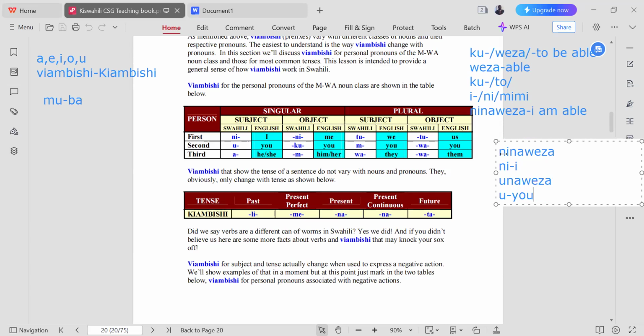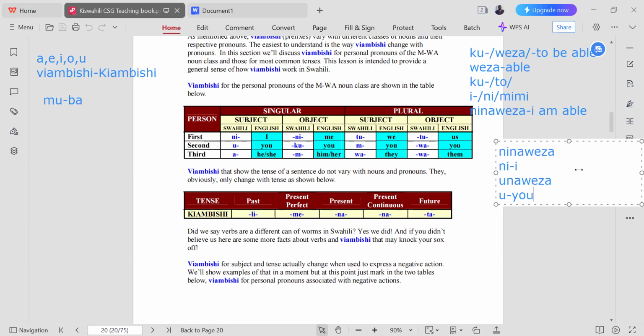In the word unaweza, you is represented by u. In the second person pronoun, you use u. Then the word will be unaweza, which means you are able.